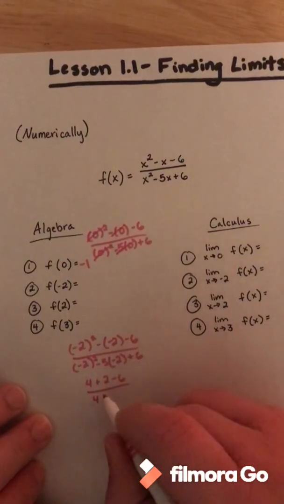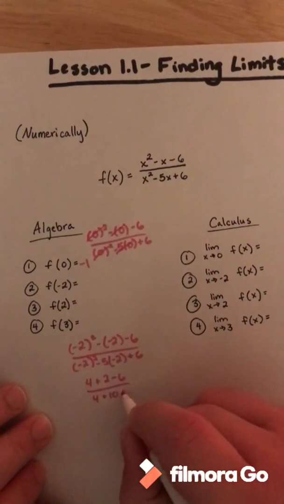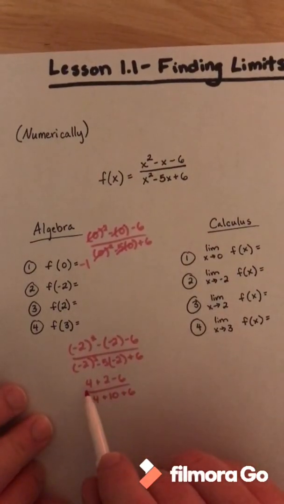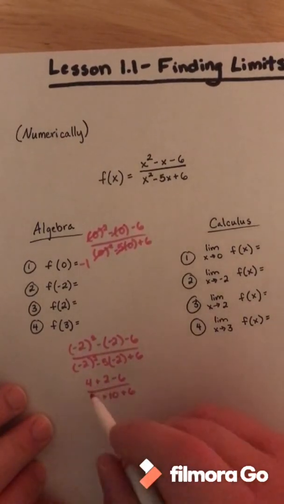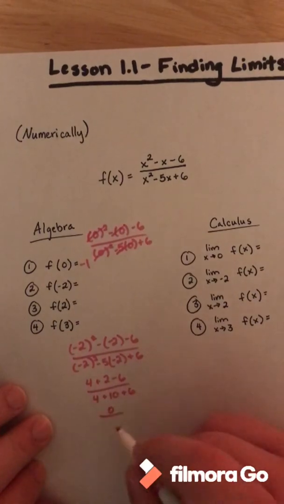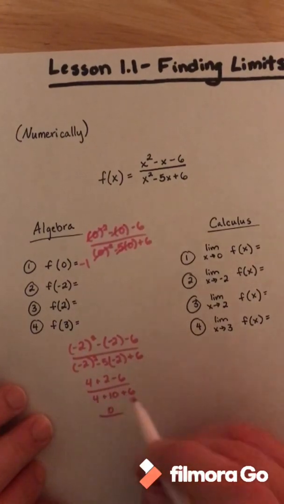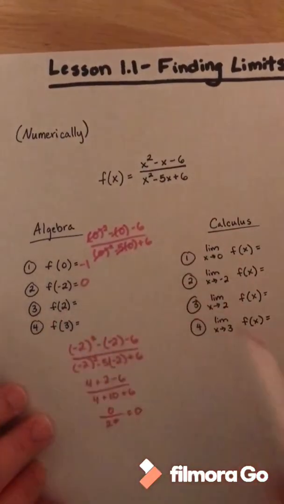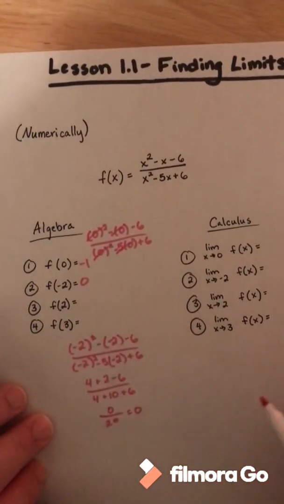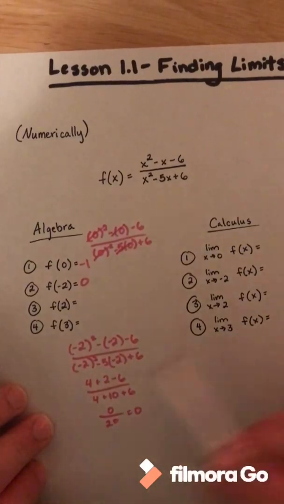Negative 5 times negative 2 makes a positive 10 plus 6. So on the top, we've got 4 plus 2 minus 6. 4 plus 2 is 6, minus 6 makes 0. Over 4 plus 10 plus 6 is going to make 20. This is going to reduce down to 0. So that right there, f of negative 2, is actually an x-intercept. We got 0 as our answer, which makes it an x-intercept.